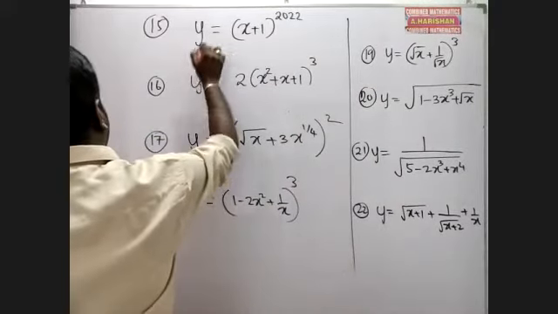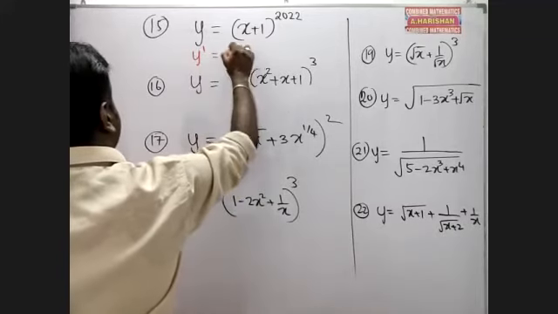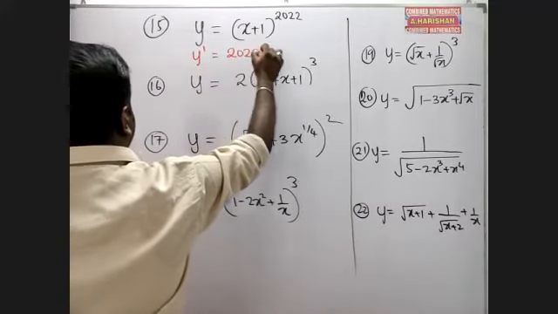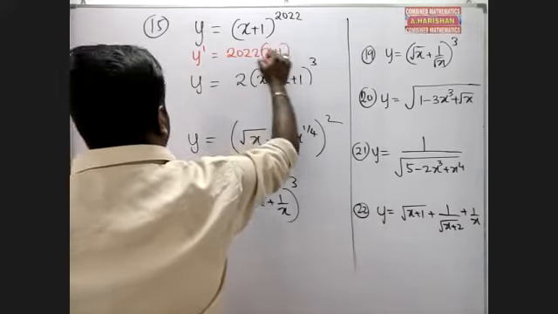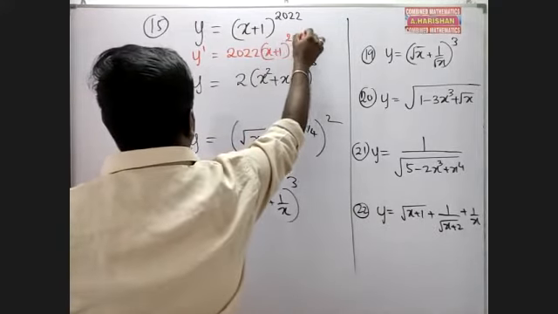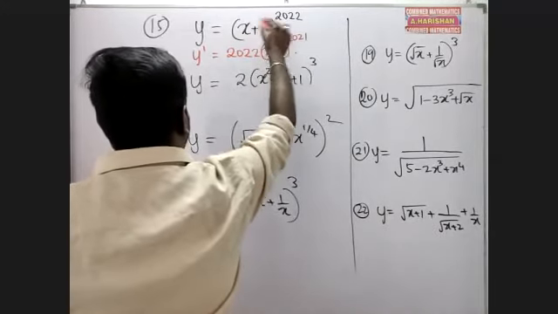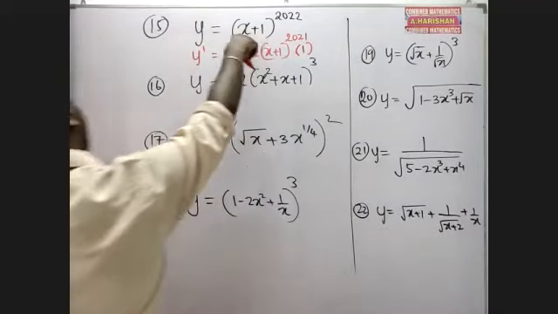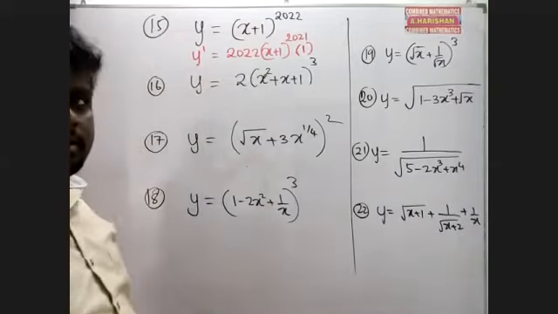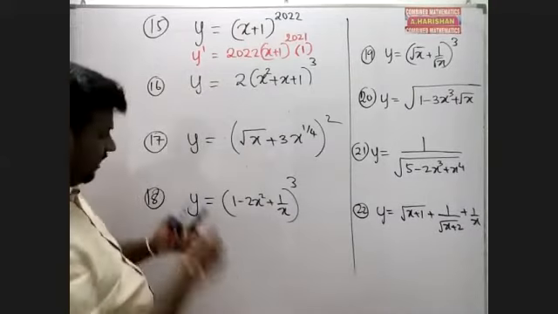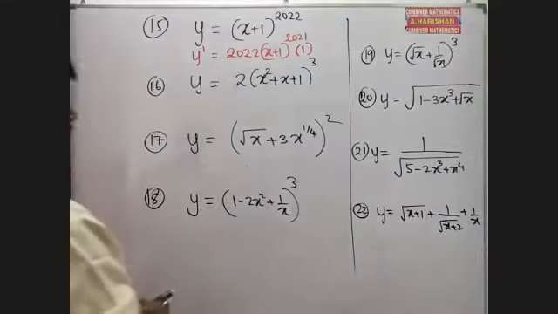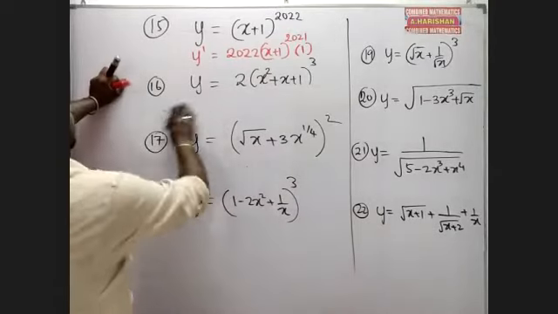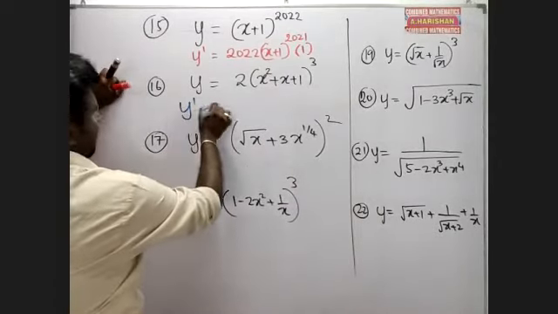So y prime equals, bring the 2022 down and put the bracket and write down 2021. If you differentiate inside, that is 1. So sometimes we don't put it if it's 1. Okay. Then here y prime.